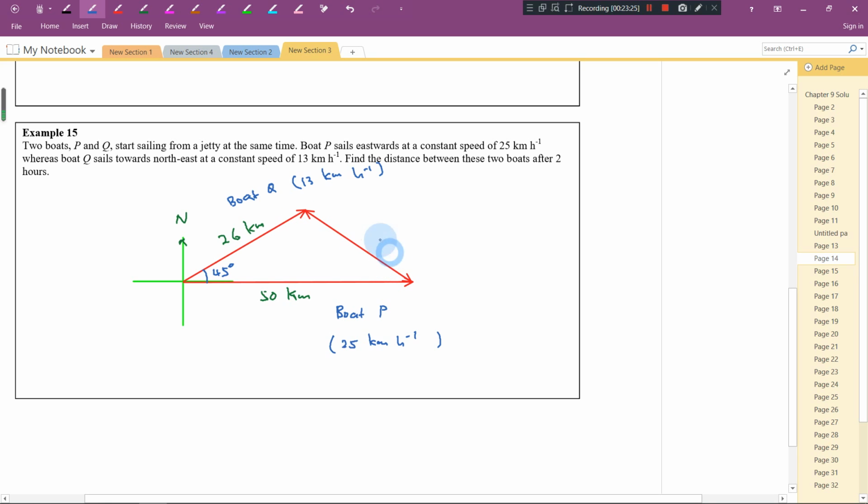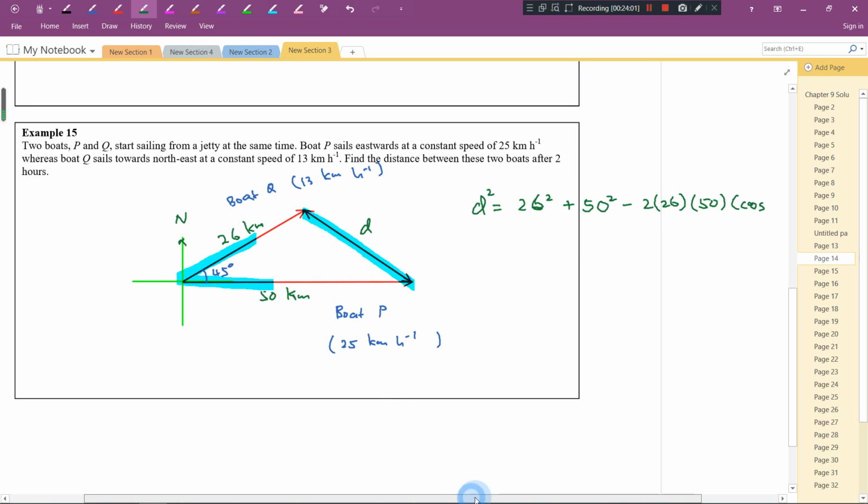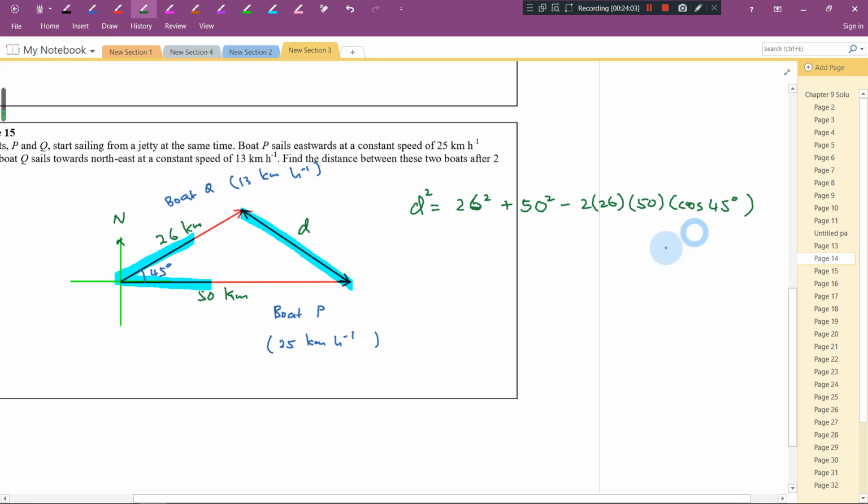We use the cosine rule. Let me use a D to represent the distance. So D square is equal to 26 square plus 50 square minus 2 times 26 times 50 times cosine 45 degrees.